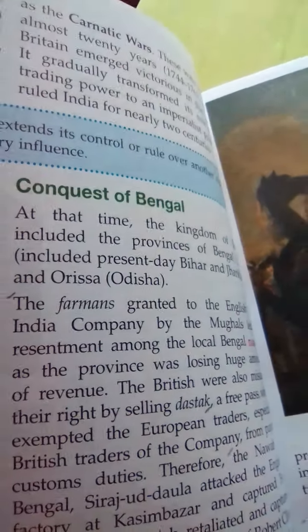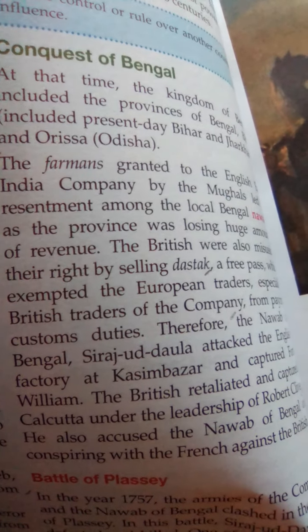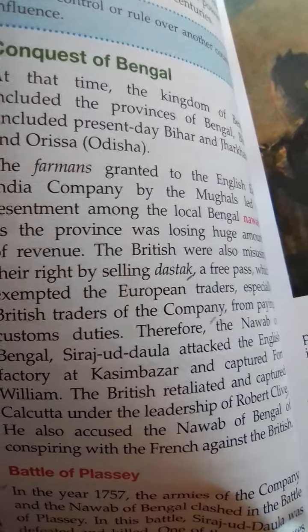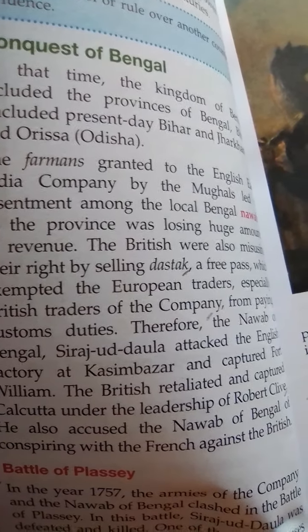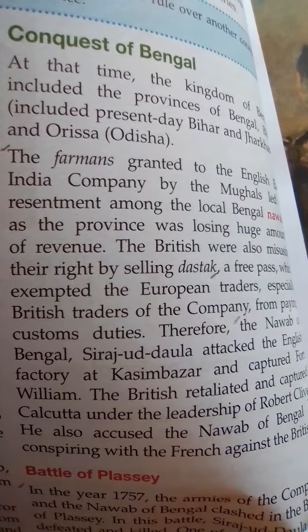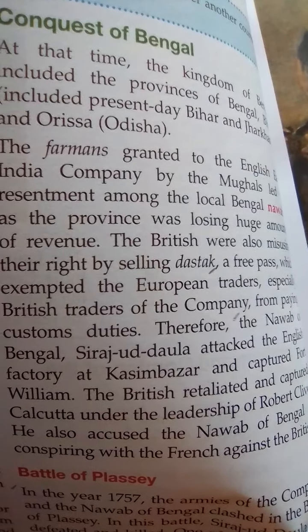Now, the conquest of Bengal. The firmans granted to the English East India Company by the Mughals led to resentment among the local Bengal ruler, that is the Nawab, as the province was losing a huge amount of revenue.